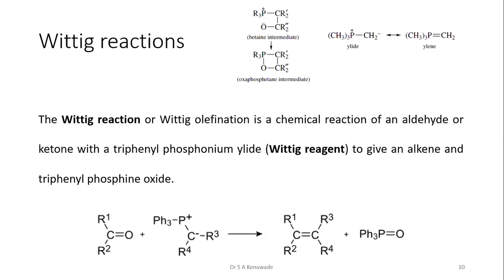In the Wittig reaction, an aldehyde or ketone is converted into an alkene in the presence of triphenyl phosphonium ylide. The carbonyl group is converted into the alkene.